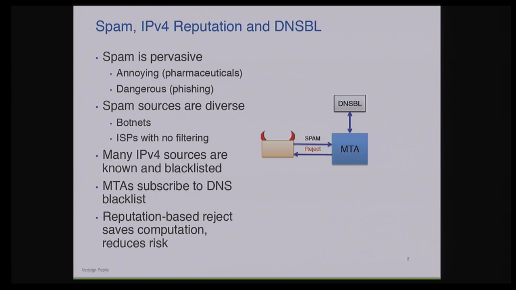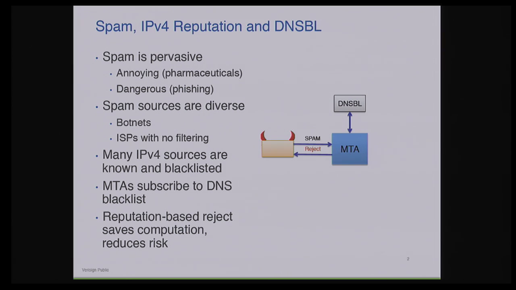Okay, so if we give a little bit of background in the IPv4 world and think about some of the problems we face in terms of abusive traffic, one of them is spam, and there, of course, there are various classes of spam ranging on the spectrum from annoying, your typical pharmaceutical type spam, to downright dangerous, with malware or phishing type attacks.